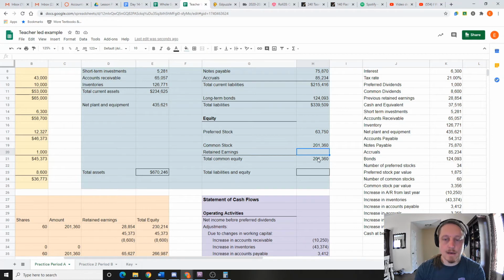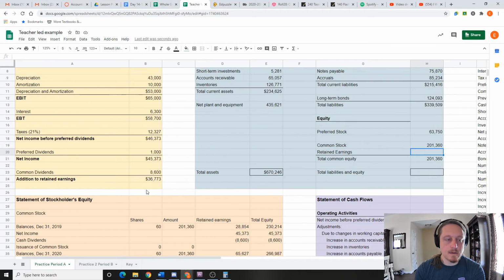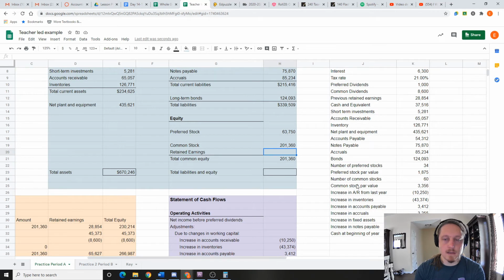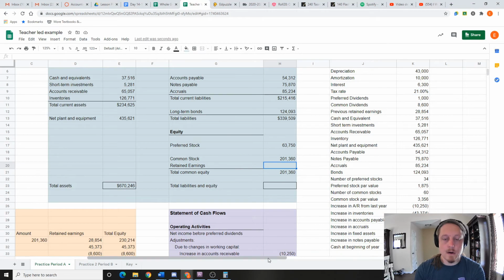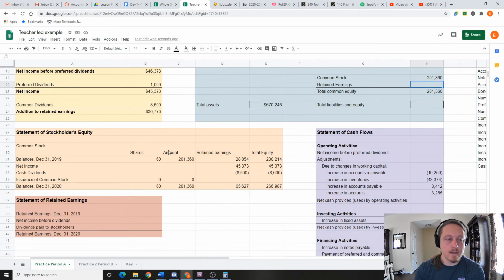Now, common stock and retained earnings are considered common equity, and preferred stock stands alone. So we're going to add these here in a second. You can see I've already started that, but we need to figure out what retained earnings were. Now we could do this a couple ways. We can take a look at the retained earnings over here, 36,000 plus the previous retained earnings that we already had, which was 28,000. We could add those up, but we've already done the work. If we go over here to the statement of stockholders' equity, we look at retained earnings. We've already calculated this.